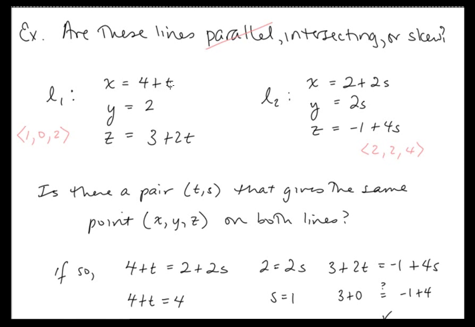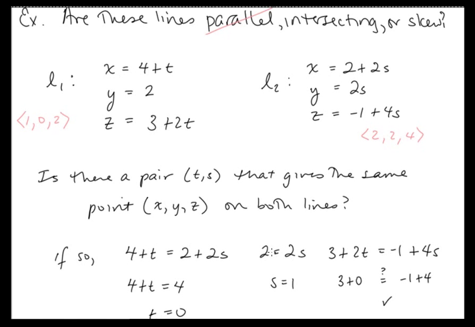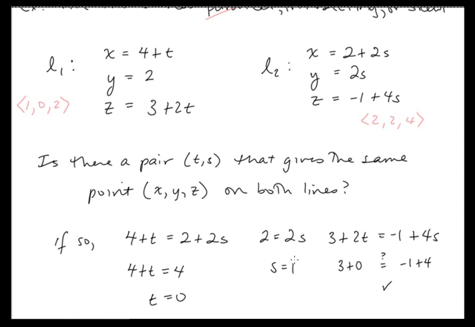So that would mean that 4 plus t would have to equal 2 plus 2s. And 2 would have to equal 2s. And 3 plus 2t would have to equal -1 plus 4s. So we're starting with these equations. And the best place to start would be with the middle one, 2 equals 2s. That tells us s would have to be 1. Now let's go back to the first equation.